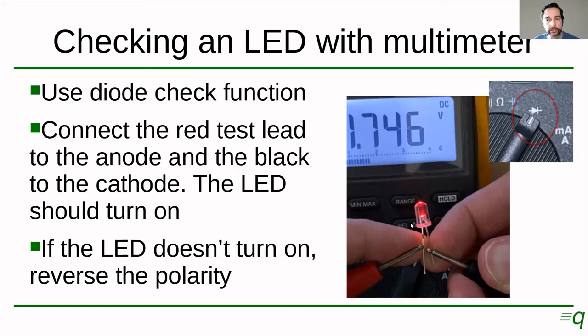So the LED is going to turn on fairly dim here, and the voltage is going to be a bit lower than what you would normally have in a circuit. So probably if we pass 10 milliamps through this LED, we're going to have something closer to 1.9 or 2 volts, right? But with this little current, we have only like 1.75 or so.